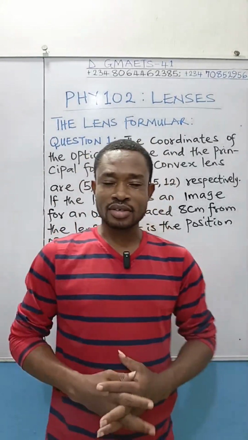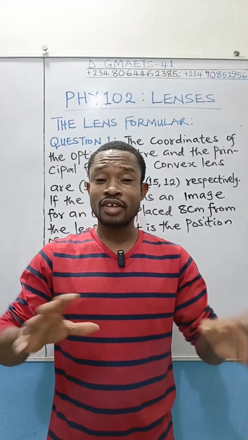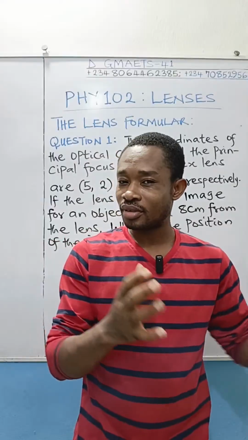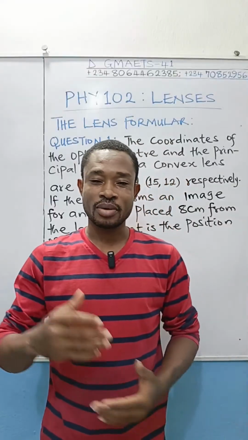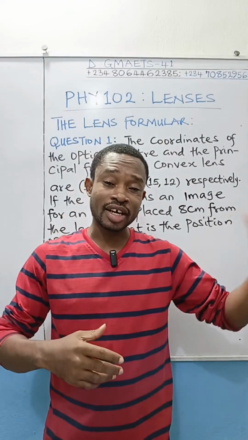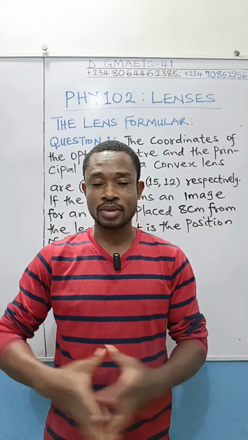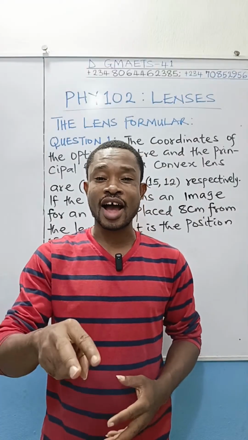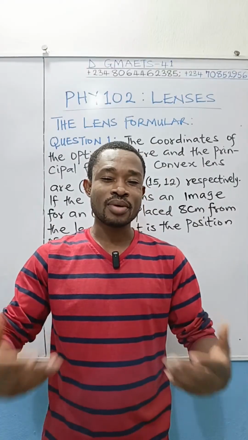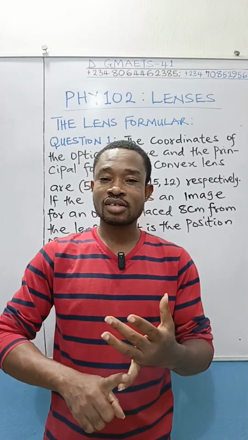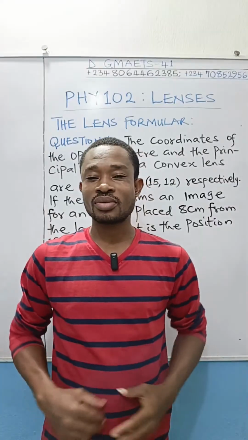Lens parameters. In the study of lenses, we have two major types of lens. From it, we now have other types that are used in microscope and telescope. But the two major types of lenses that we refer to as laboratory lenses are the convex and concave lens.